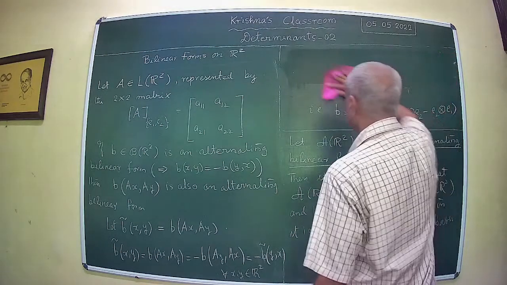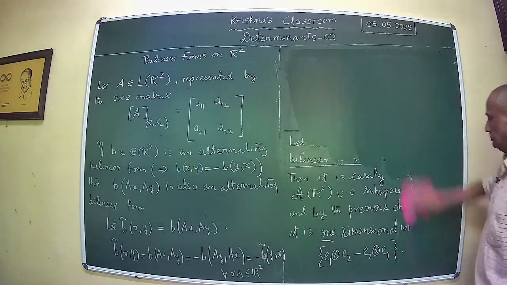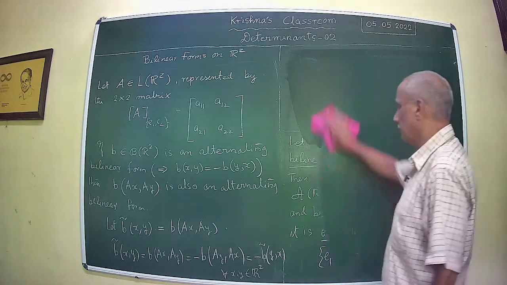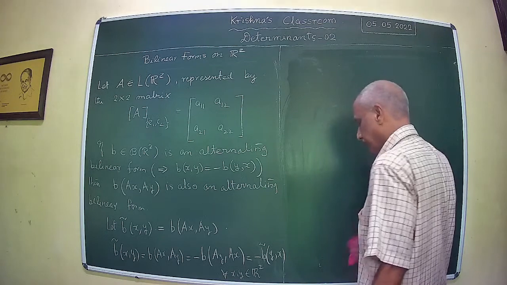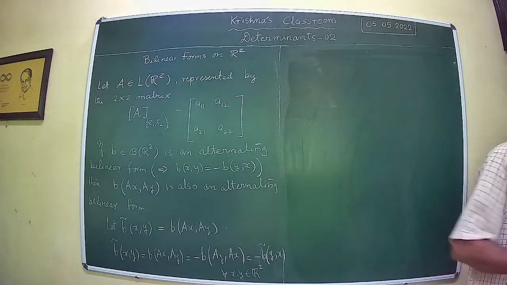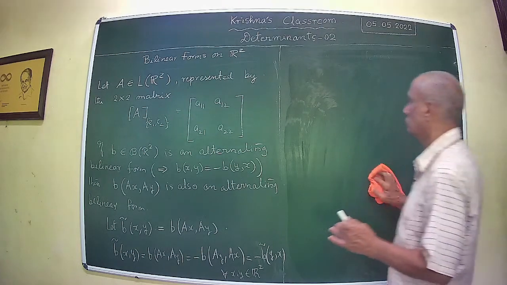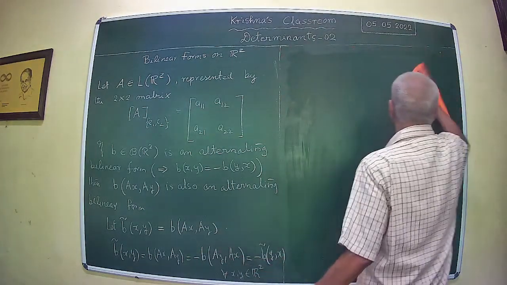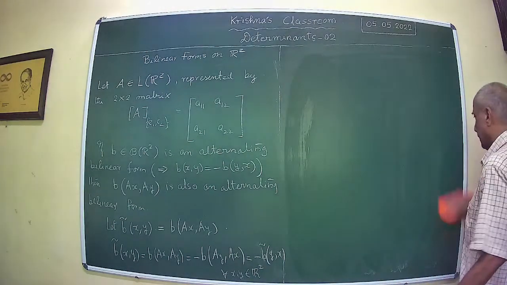So from what we have seen, B tilde can be written as a scalar multiple of the basis vector. So that's the computation that we are going to make.